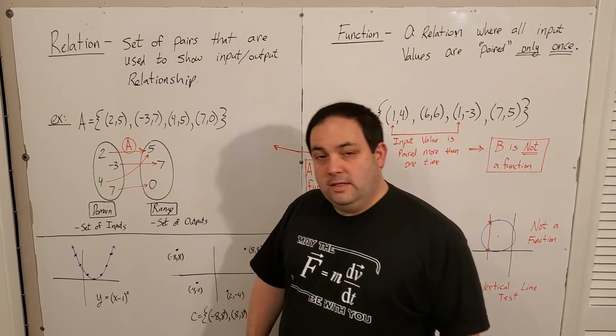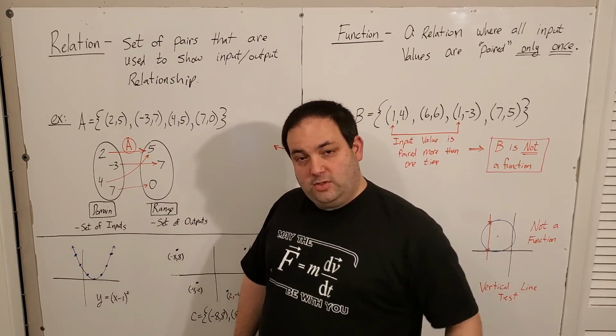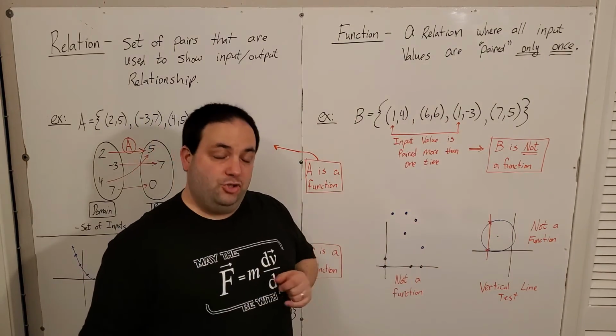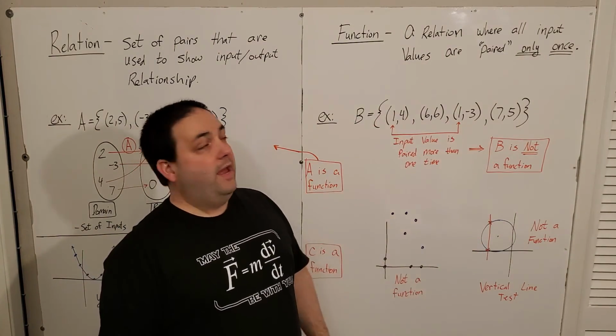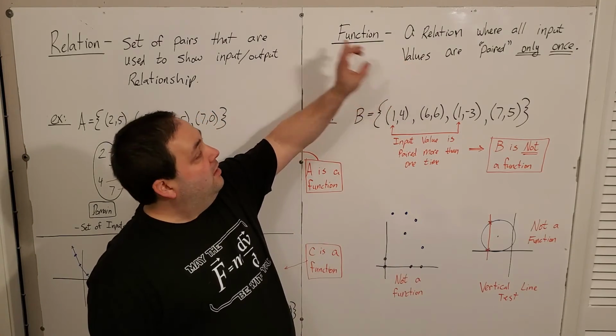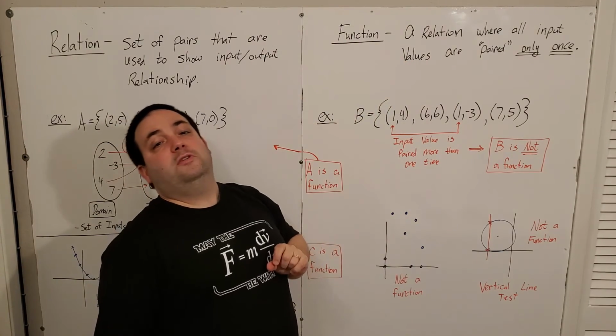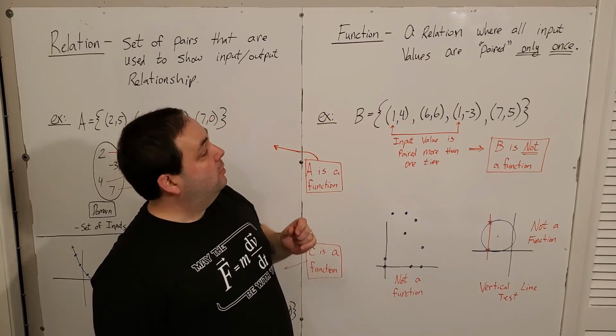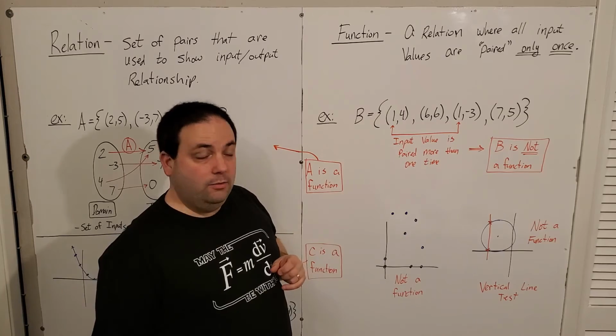Okay, now to put the next twist on this, a special kind of relation, which is all of the relations you'll really study throughout all of algebra, are functions. Functions have one extra little rule tacked on. They're still relations, input-output machines, okay? X's and Y's paired together.